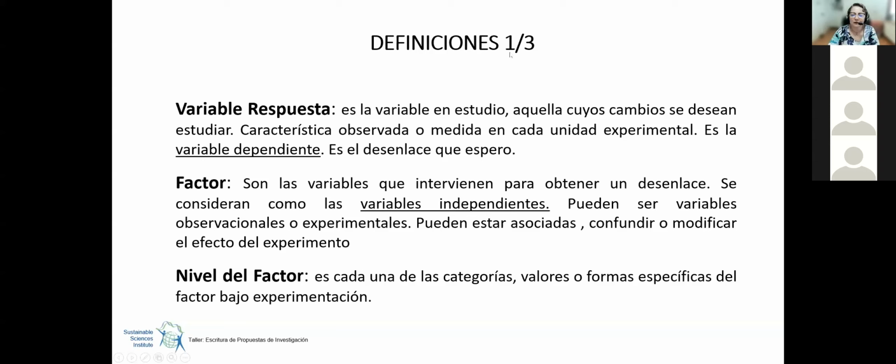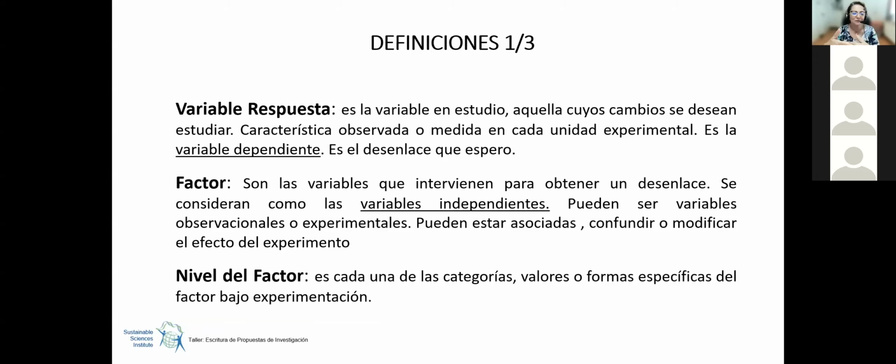There are a series of significant definitions that we have to include in our experiment design. One is the response variable, which is the outcome, the feature that I will measure, and it's what we also know as the dependent variable. So what is the expected outcome if I'm studying the response to a treatment to reduce, in a shorter period of time, for example, an asthma crisis with an inhaler to have the fastest onset of action?